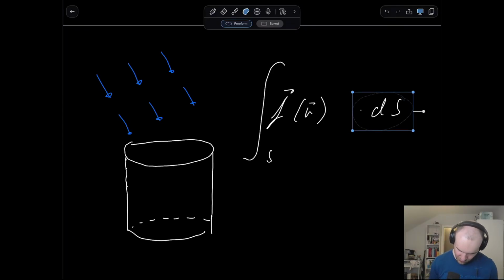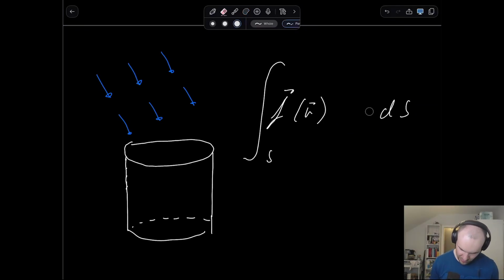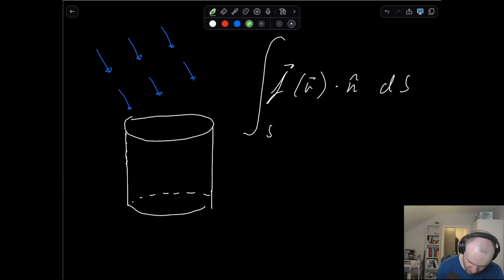And of course, I can just write that. In order for some vector to be the most similar to another vector, I think of it, of course, as the dot product. So we just dot it, we just do this guy and dot it with the normal there, right? And that normal is just that normal there, right?